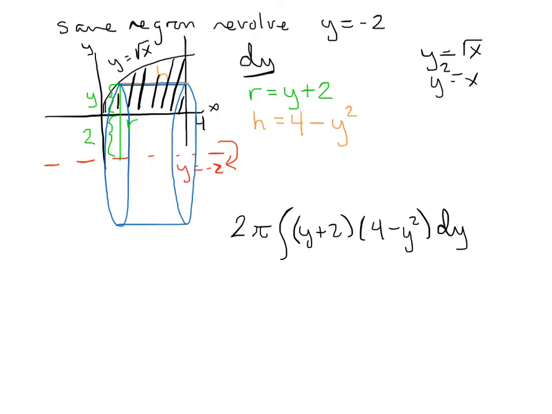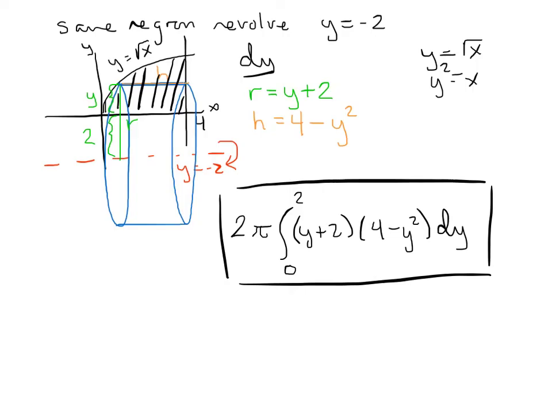So it's a little intuitive to say you want to go from -2 to 2, and that's not quite right. We want y to go from 0 to 2, because those are the y values that bound that region that we're revolving.